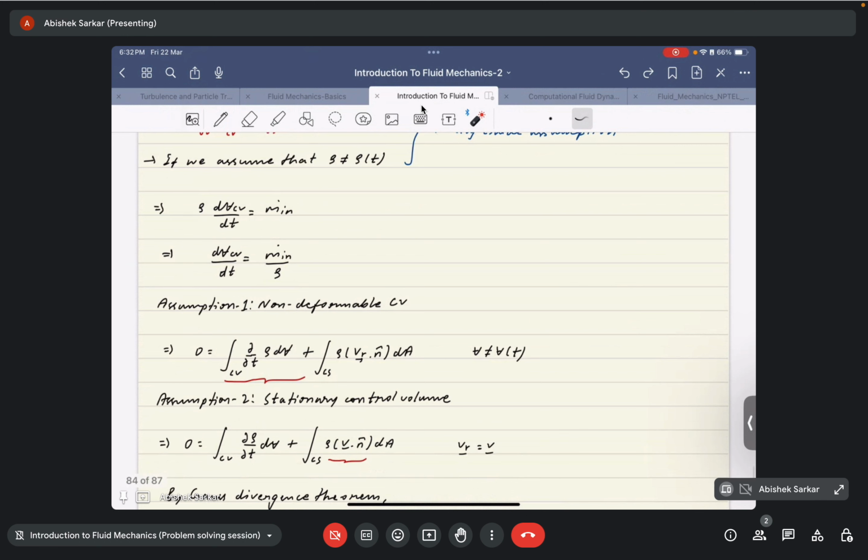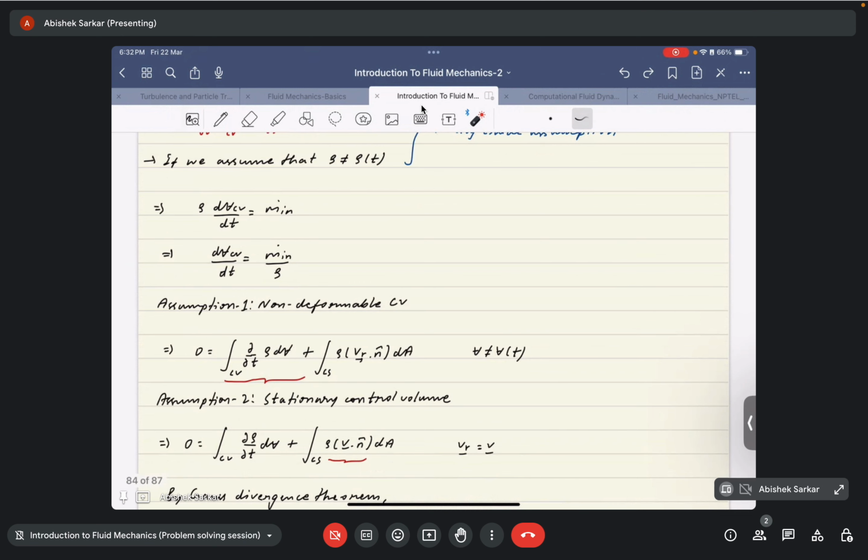So now if we take two assumptions, the first being a non-deformable control volume, that will allow us to take the time derivative within the volume integral.